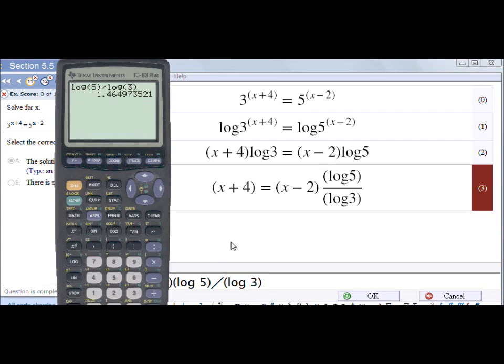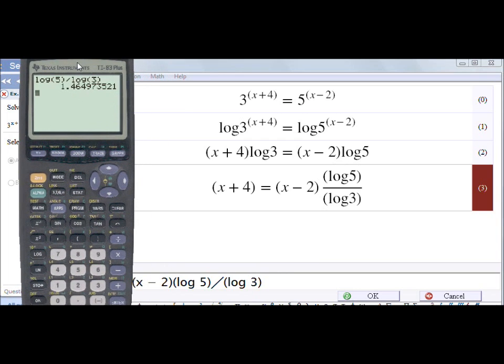So I'm going to now substitute for this log of 5 divided by log of 3. And I'm going to put this 1.46497351 here. So let's go ahead and do that. And once again, I need to get a new equation in here so you can see what happens next.